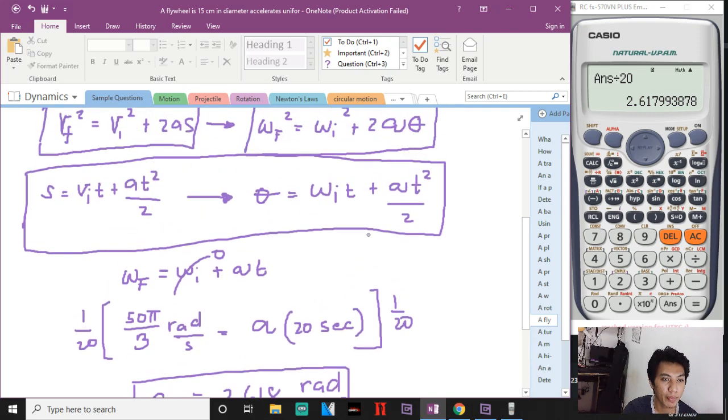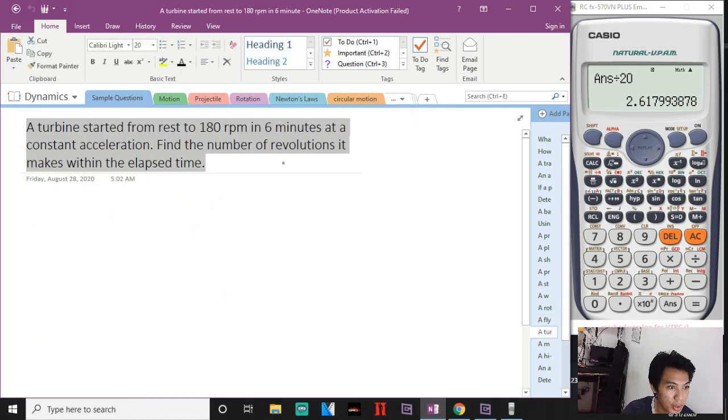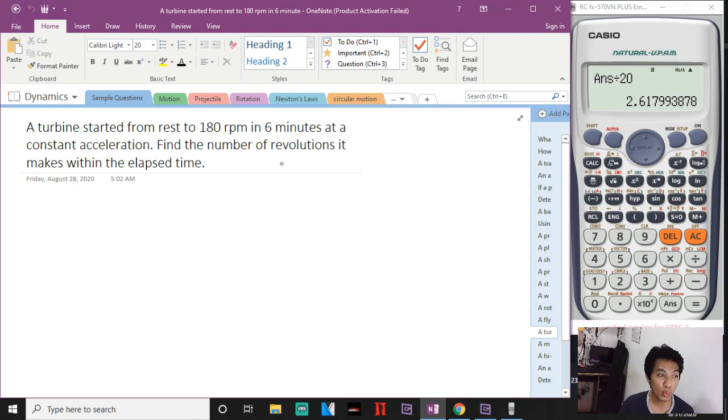Okay. So, let's go to the other question. Next question. Rotational pa rin. A turbine started from rest to 180 RPM in 6 minutes. So, you are given VF and time. Meron ka ring VI. Okay? Or omega I and omega F. At constant acceleration. Find the number of revolutions.